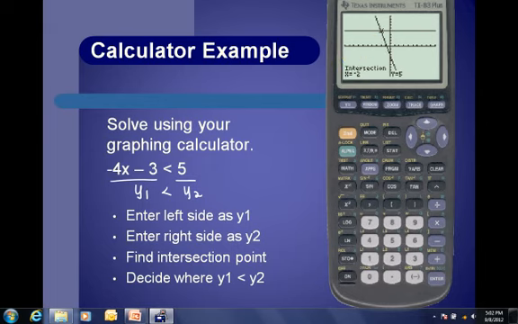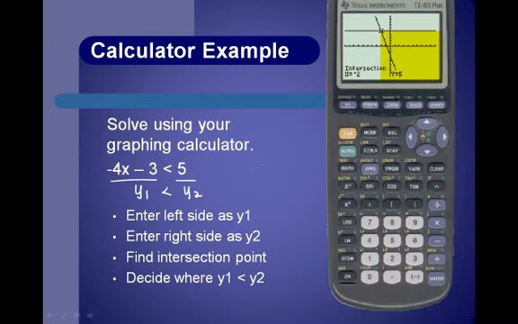Now we want where y1, which was the slanted line, is less than y2. Because the y values are the height, basically, or the ups and downs, we want to know where the y1 is below the y2, which starts at this negative 2 and is everywhere to the right.